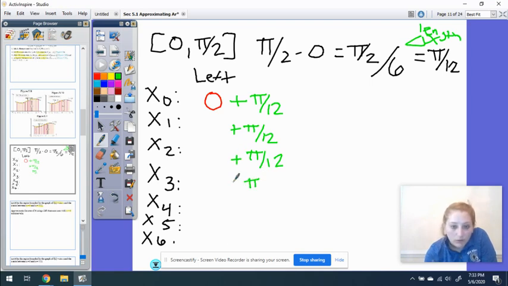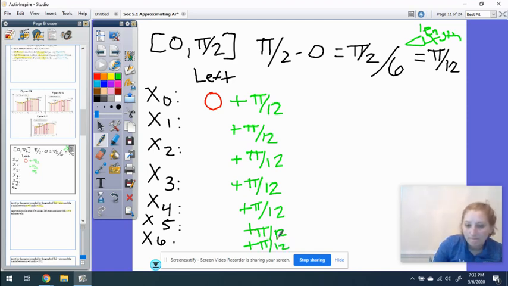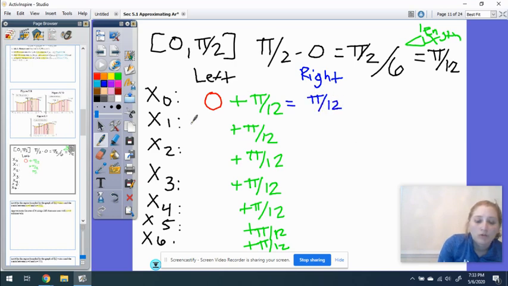Plus, oh, I should put a plus. All right, here we go. Okay, so then we're going to get pi over 12, okay, which tells me that this is pi over 12.